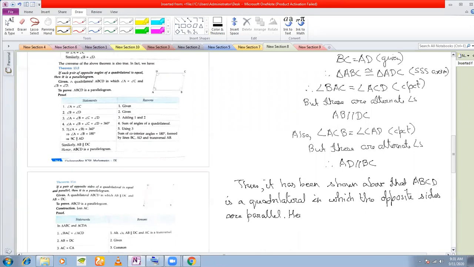Hence, ABCD is a parallelogram. Okay, so this is proved. Fine.